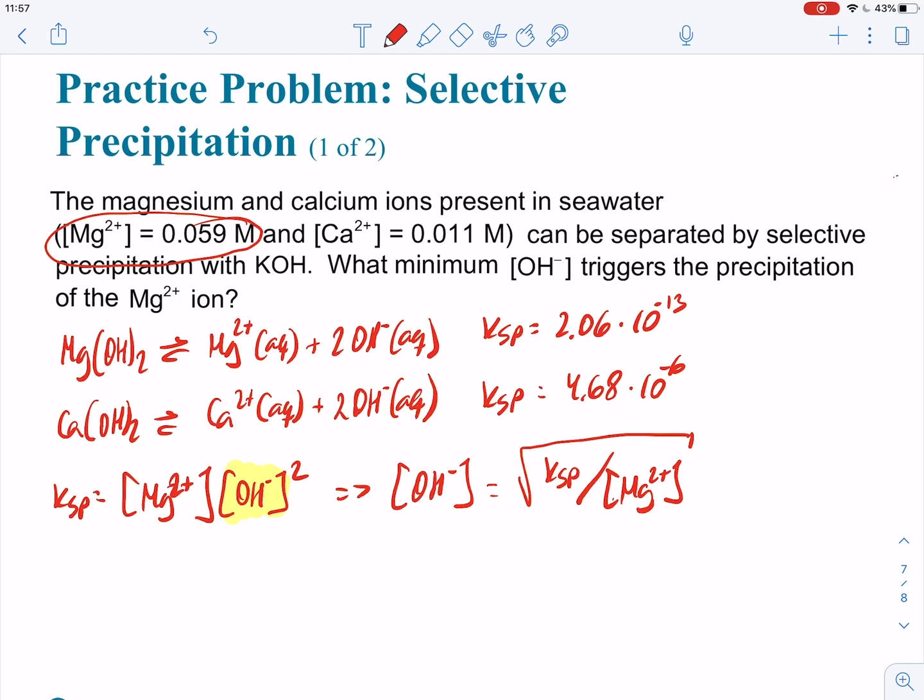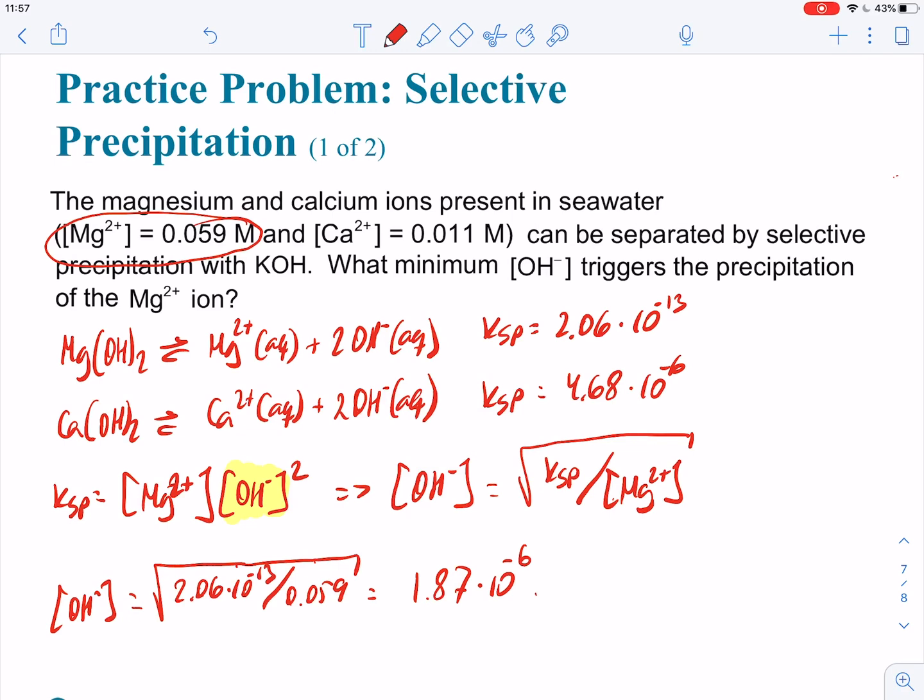So the concentration of hydroxide is equal to the square root of 2.06 × 10^-13 divided by the concentration of magnesium, which is 0.059. This gives a concentration of hydroxide equal to 1.87 × 10^-6 molar.